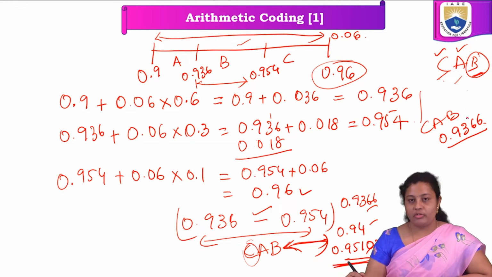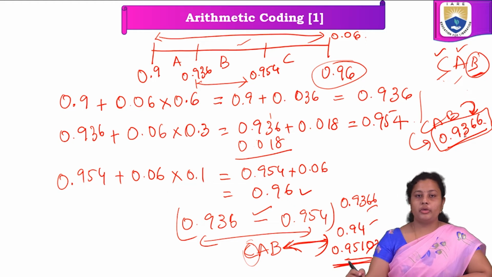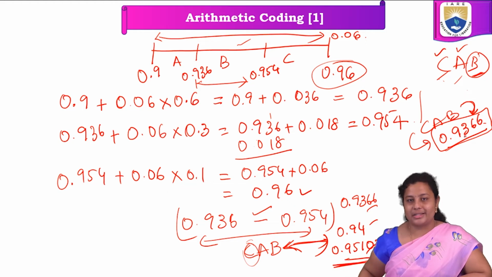This complete sequence is represented by 0.9366, but we cannot specifically say that C is represented by so and so range, A by so and so range, and B by so and so range. We can decode back, but when coding we cannot pinpoint that C is represented by this sequence. So one-to-one correspondence does not exist here.